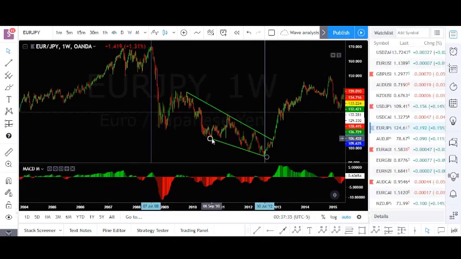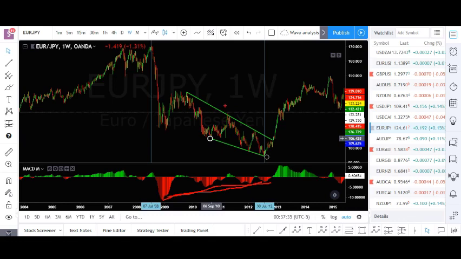So guys, in diagonals and leading diagonals, the chance that you will get continuous divergence on your MACD is very high. That is one of the key things that tells us we're actually looking at a diagonal here. In this case, it was an ending diagonal.